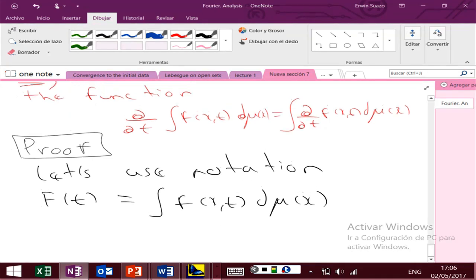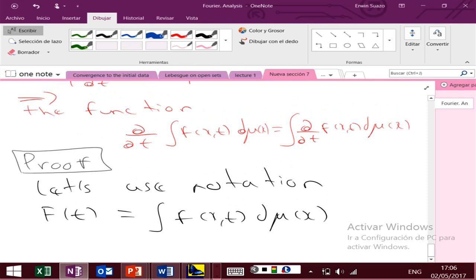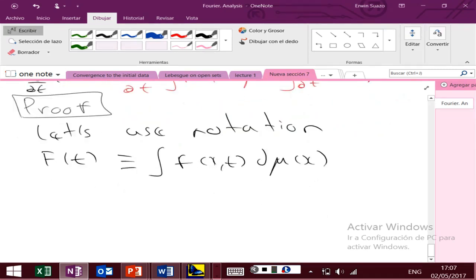Okay. So in particular, with this notation, that means the derivative of capital F with respect to time is just this. I'm just defining the capital F like that, so I save on time with my notation.